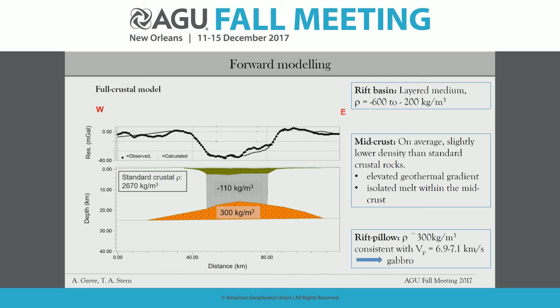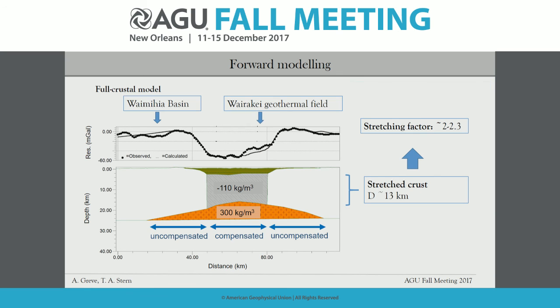So we also calculated and suggested that there's possibly up to 10% of isolated melt intrusions or low-density rhyolitic intrusive bodies in the mid-crust, which coincides well with the interpretations of previous studies, for example using magnetotelluric data or shear wave velocity inversions that suggested the presence of melt bodies or rhyolitic intrusives in this area.